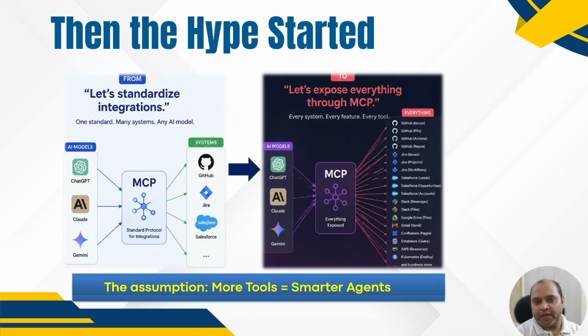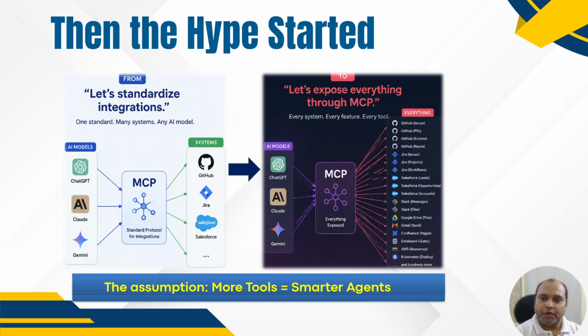So you have AI models, and then you have systems, say GitHub and Jira. This is for demonstration purposes; probably you have a lot more MCP servers. So you have a client and you have systems. As this integration starts, the assumption is more tools means a smarter agent.